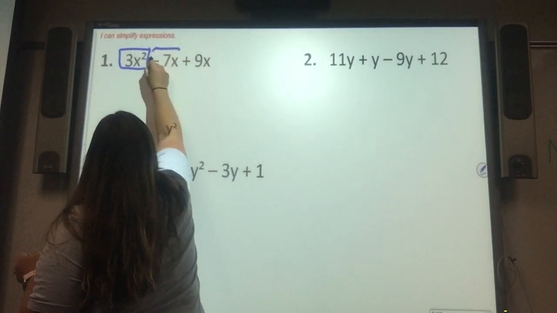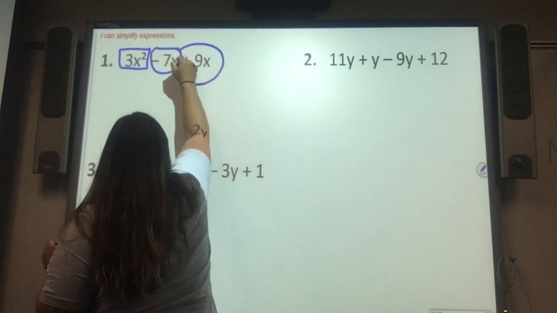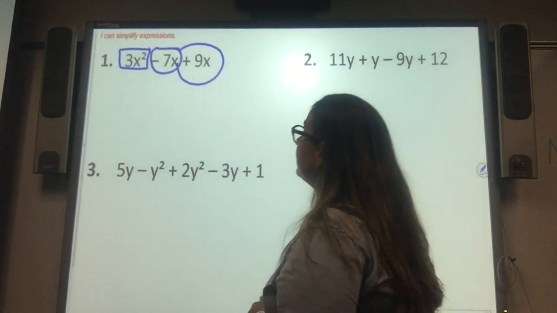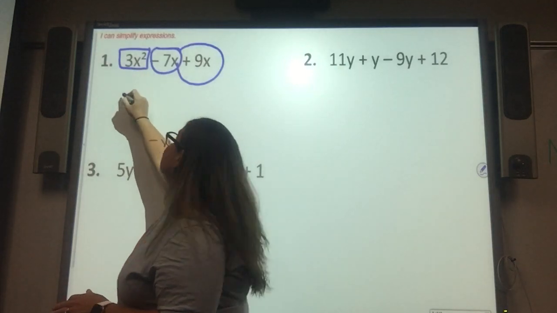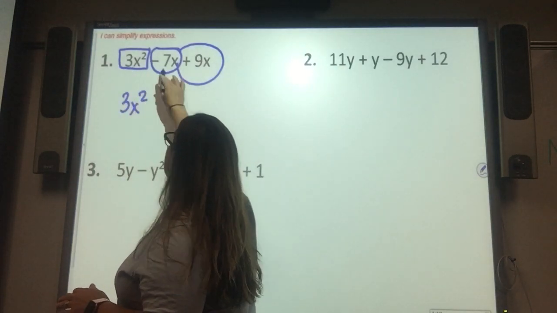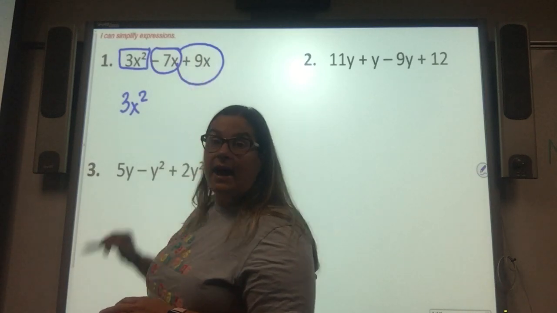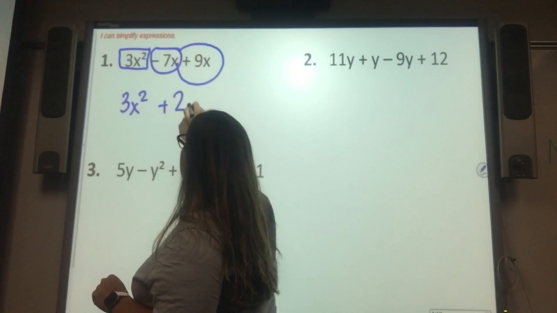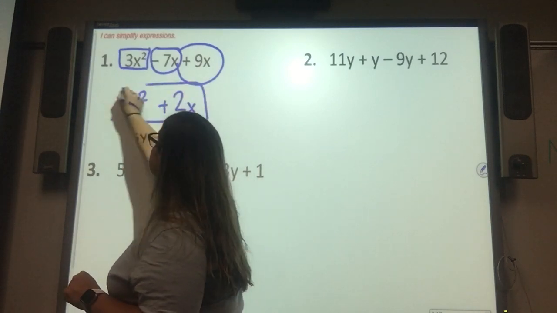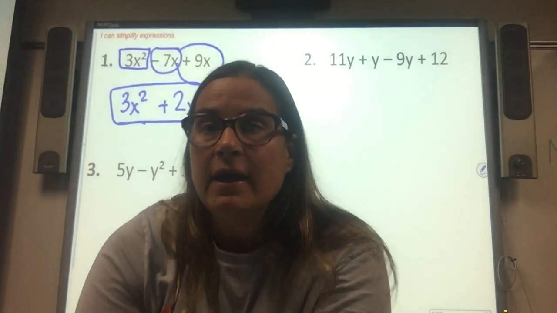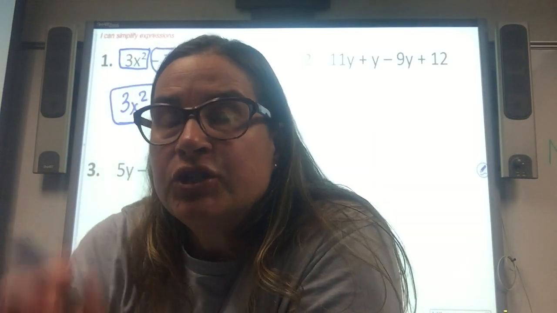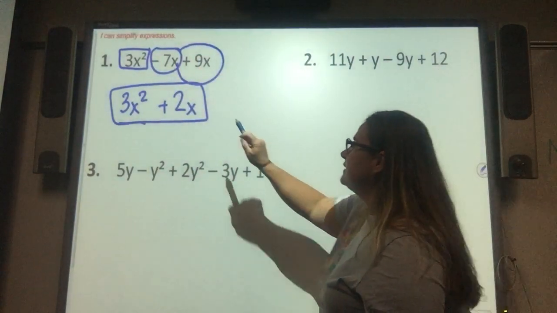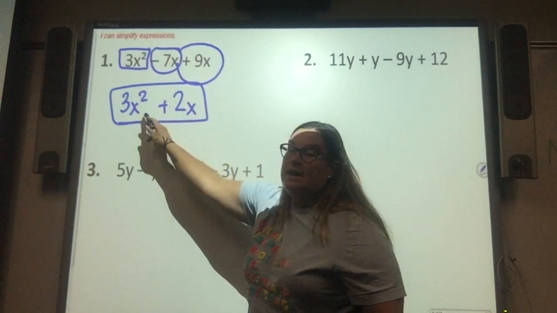So we have a negative 7x and a positive 9x. 3x squared is all by itself. Negative 7 plus 9 is positive 2x. That is as simplified as it gets. You cannot combine two terms that have the same variable but different exponents. Keep that in mind. They have to have the same power and the same base.